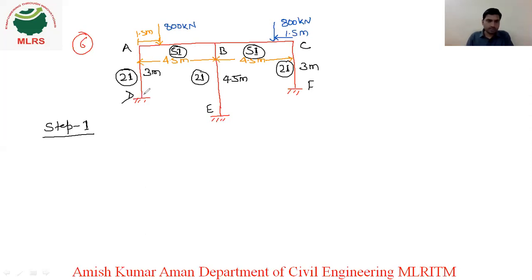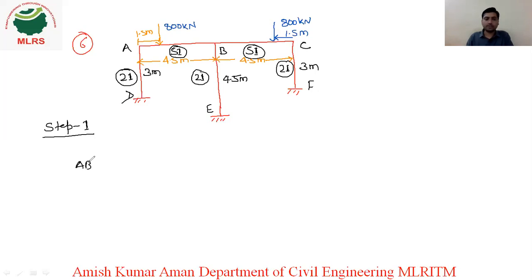For AD, BE and CF, all the fixed end moments will be 0 because there is no loading on these three spans. There will be only 4 fixed end moments: 2 for span AB and 2 for span BC. So first we will calculate for AB span.